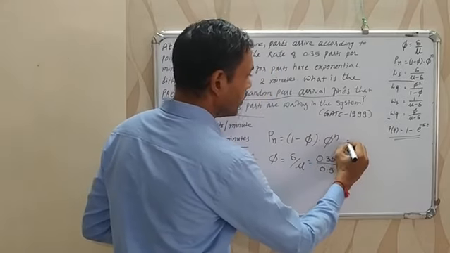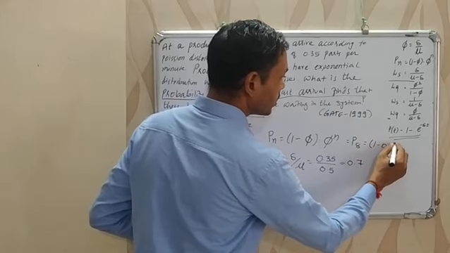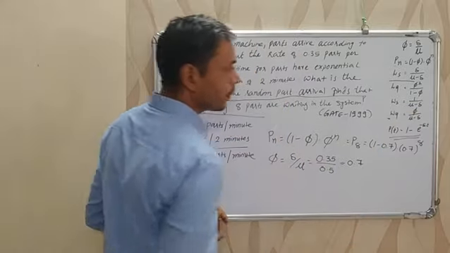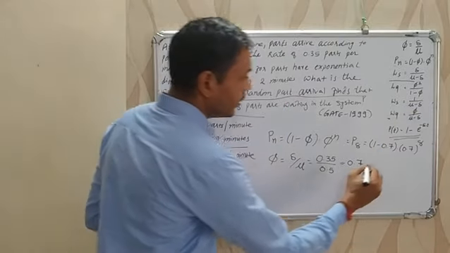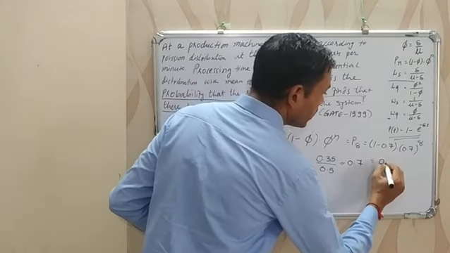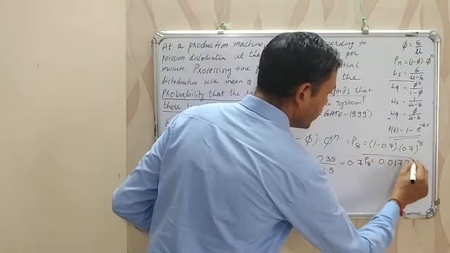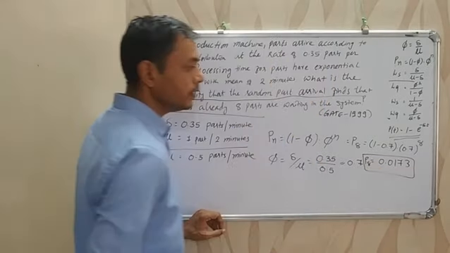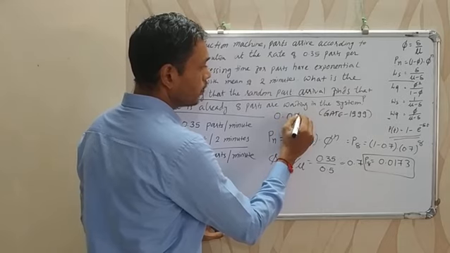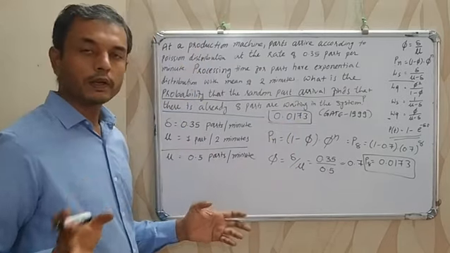So the probability of having 8 customers in the system is equal to 1 minus 0.7 into 0.7 raised to 8, and it is equal to 0.0173. So the probability of 8 customers waiting in the system is 0.0173. Clear?